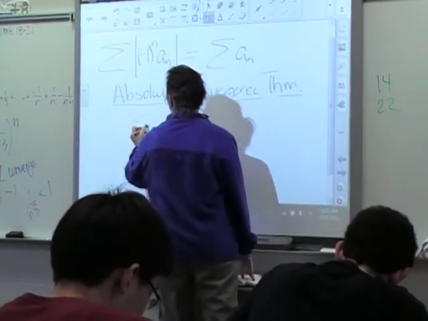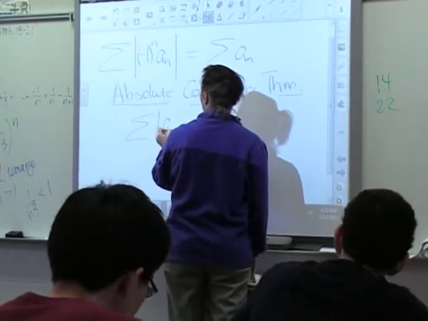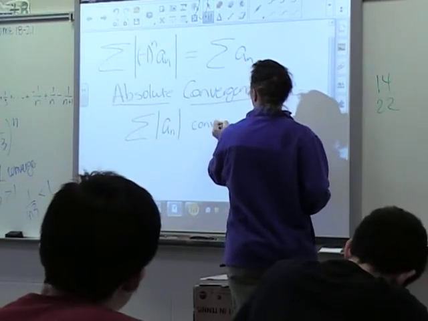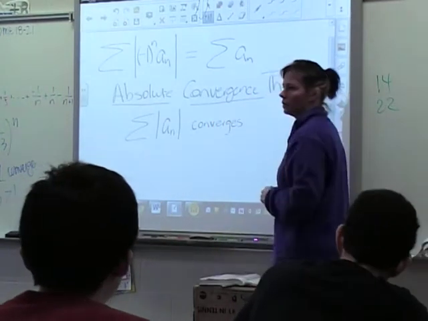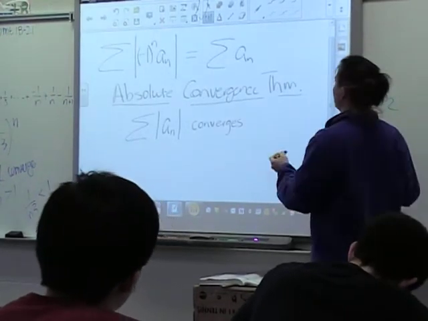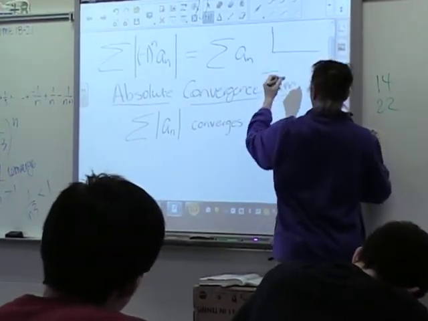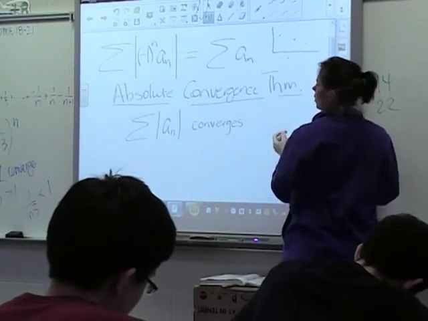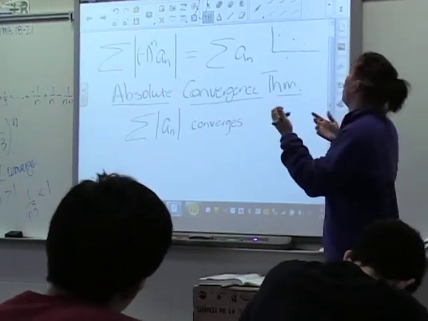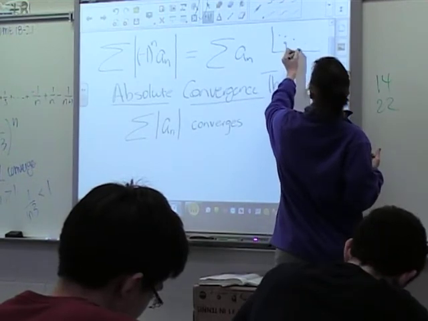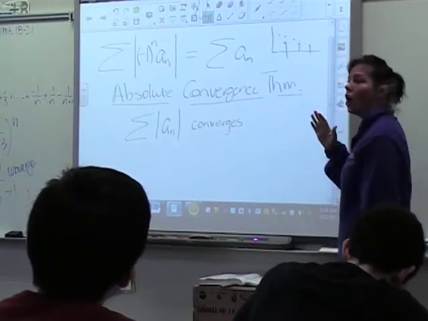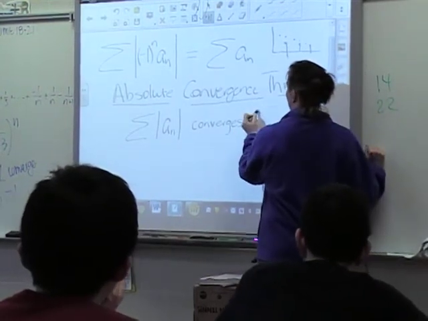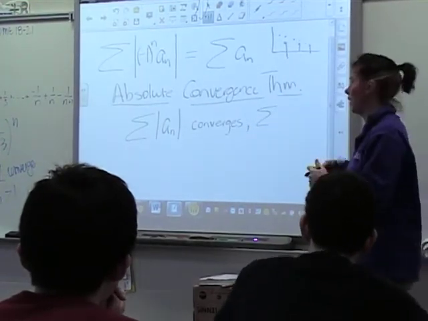Which says, if the absolute value of a series converges, so if we want to think of this graphically, if I have a series and I have some terms that are positive, some terms that are negative, if I make all of those terms positive, and it adds up to a finite number, then what happens if I make some of them negative and subtract stuff?